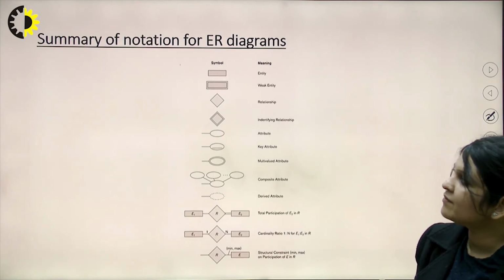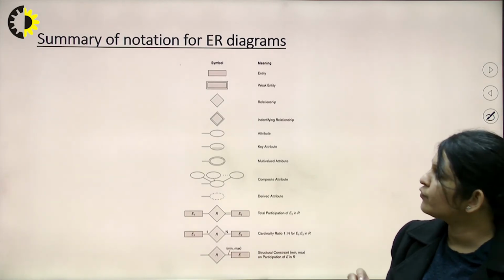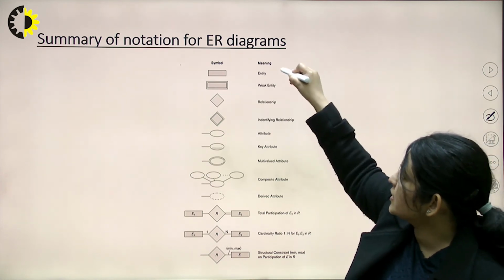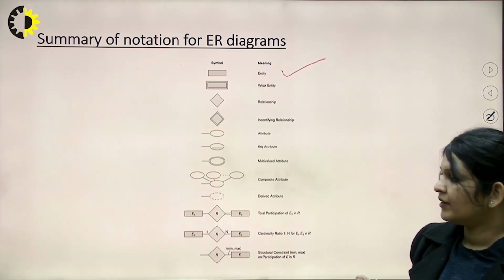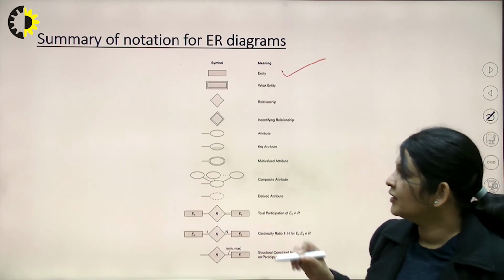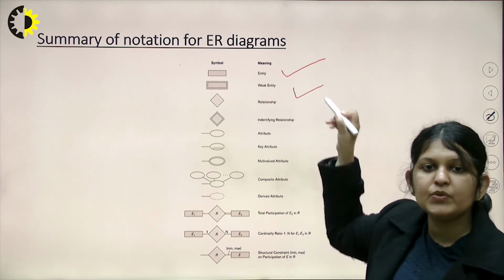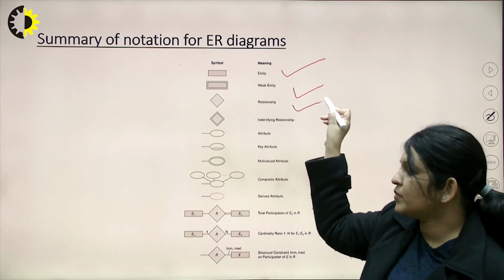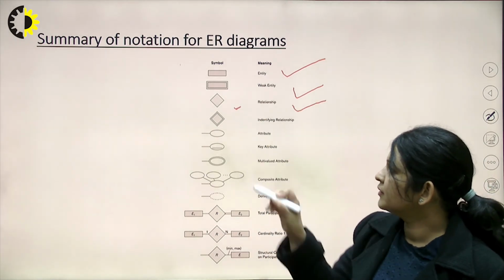So here we have the various notations before we go to the ER diagram. We represent an entity using a single rectangle. Weak entities are represented using double rectangles. Relationships are represented using a diamond.